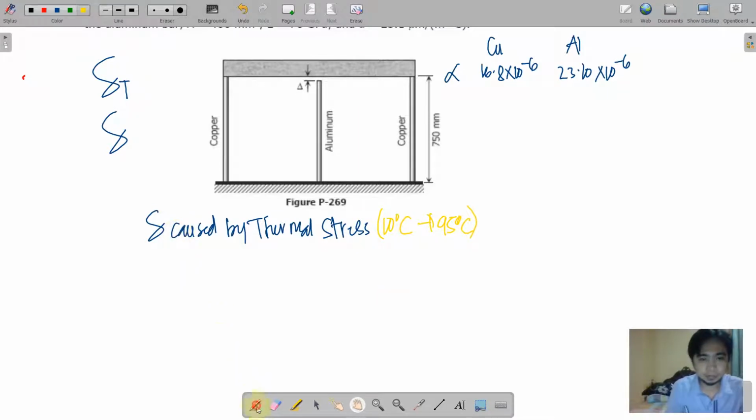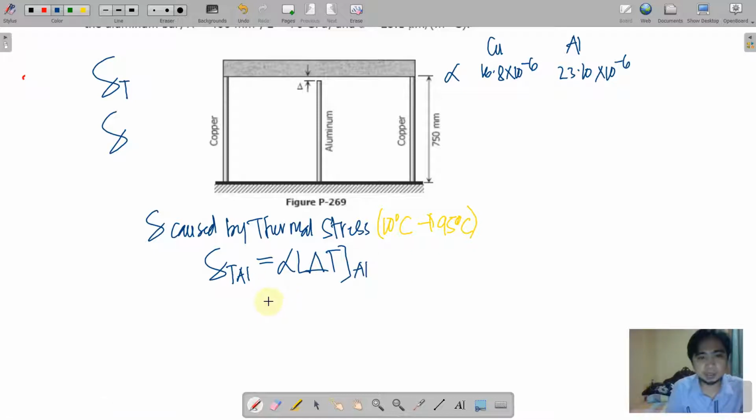For aluminum, let us have delta T, the deformation due to temperature of aluminum. This is equal to alpha L delta T of our aluminum.